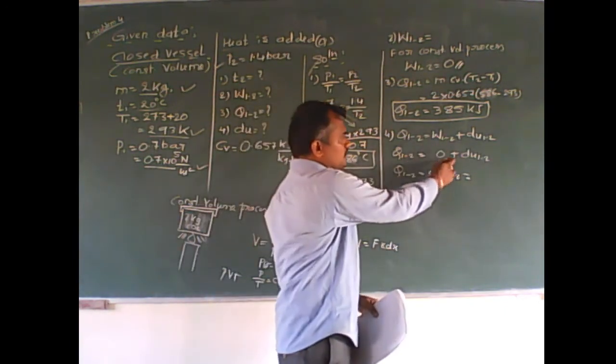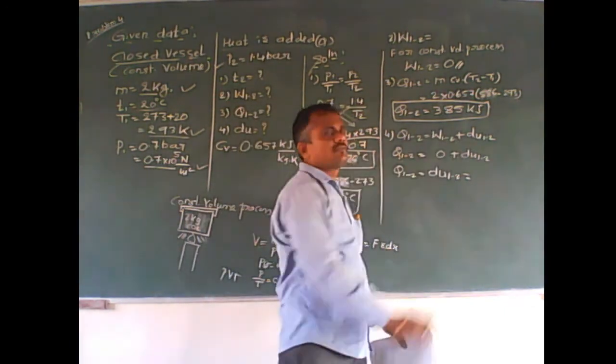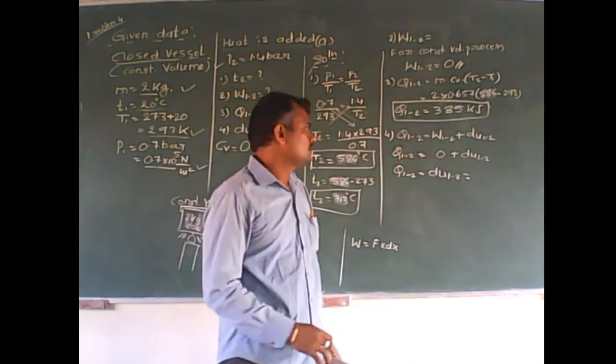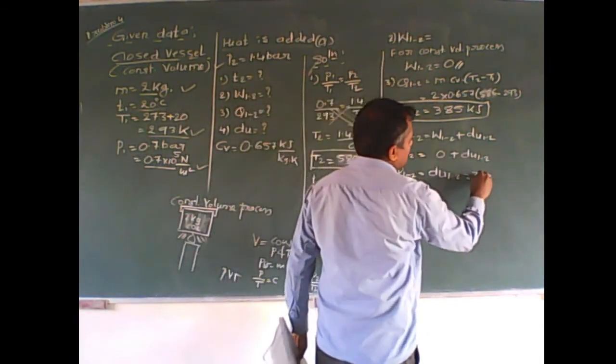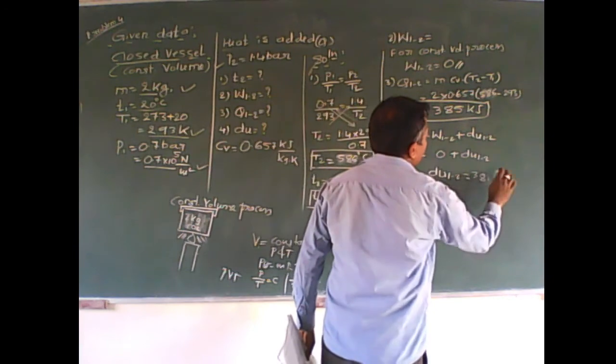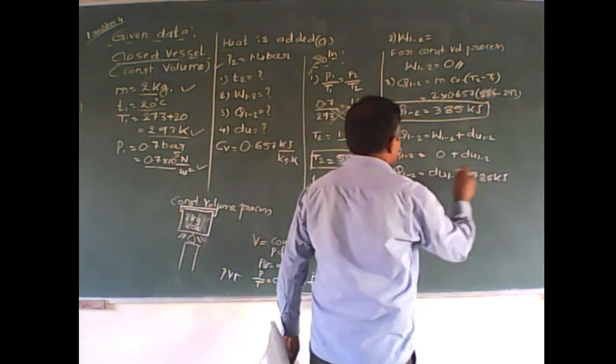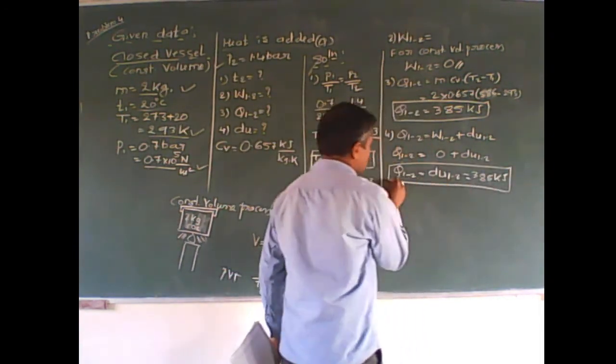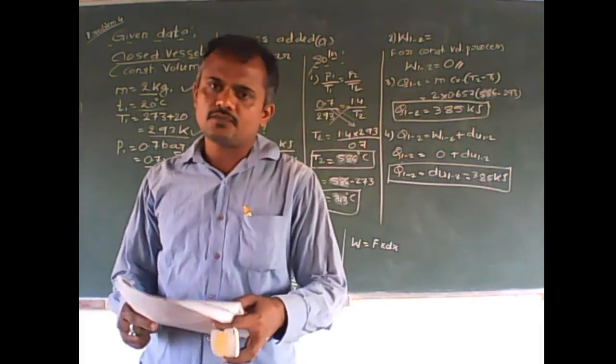Work done is 0, therefore I can take heat supplied as equal to internal energy, which is equal to this one only, 385 kilojoules. 385 kilojoules is the answer for this equation.